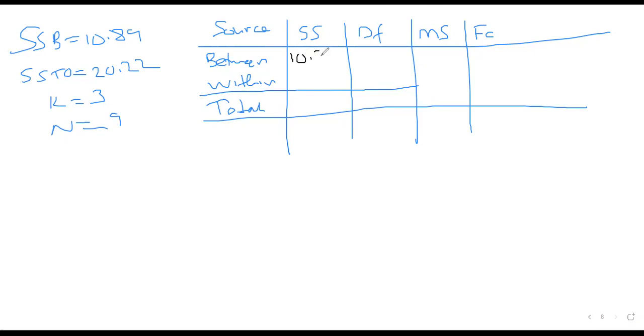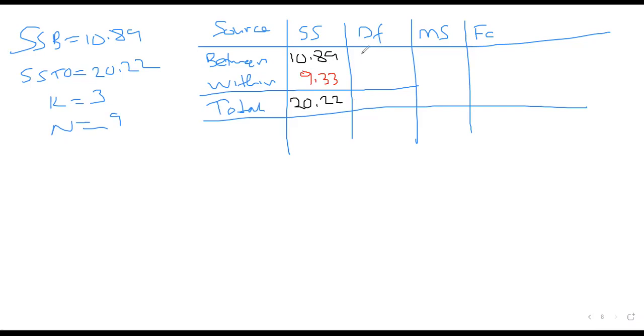0.89. And the total is 20.22. How do we get the within? We subtract. So what do we get? 9.33.